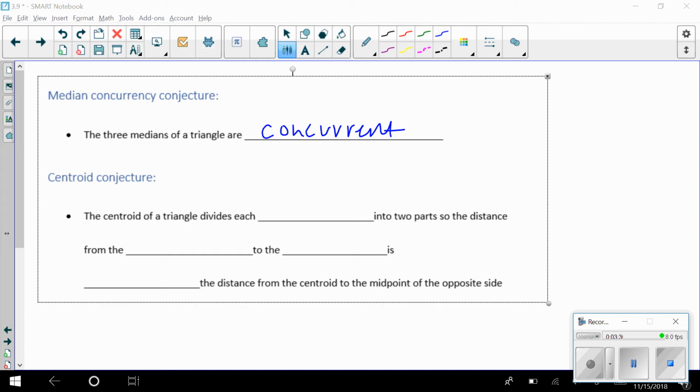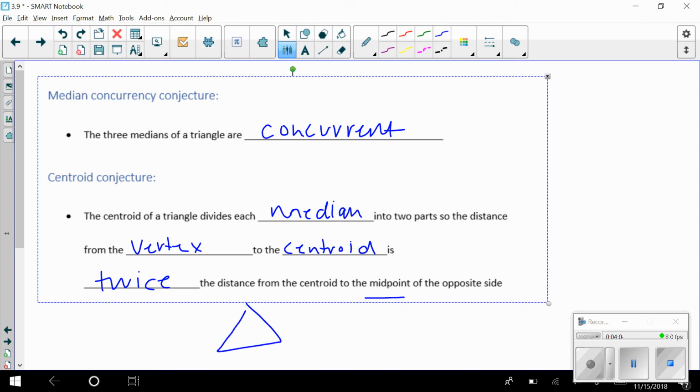So some special characteristics with the centroid is that the centroid of a triangle divides each median into two parts. So the distance from the vertex to the centroid is twice the distance from the centroid to the midpoint of the opposite side.